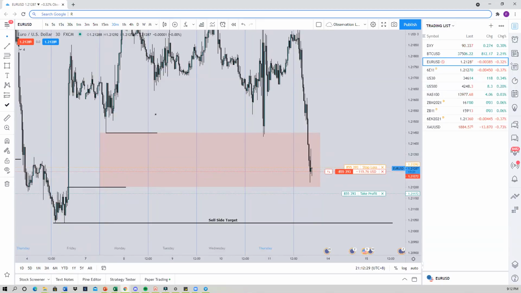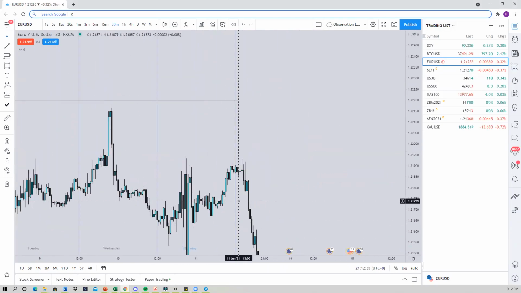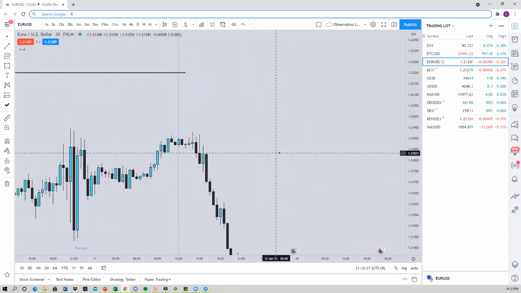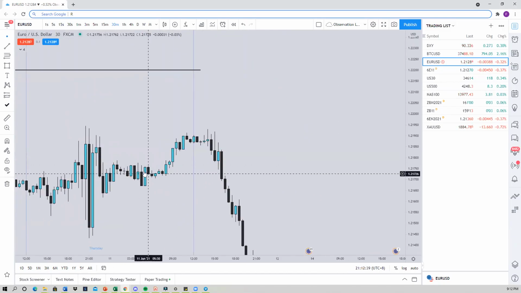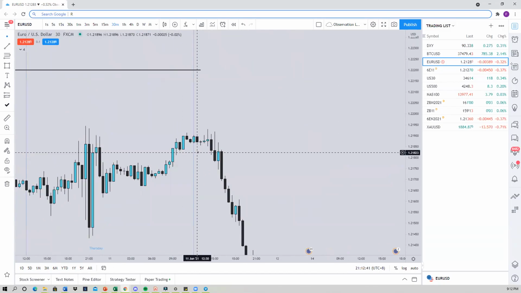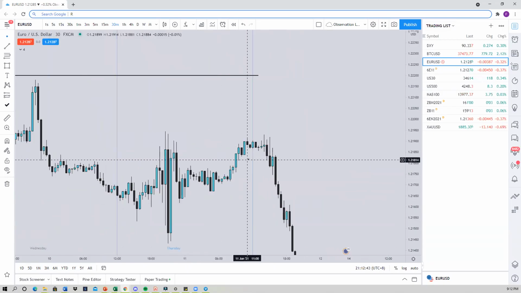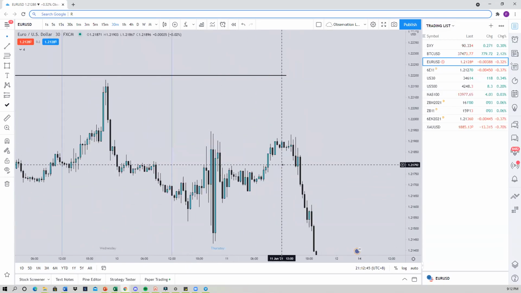Oh wait, fair value gap at 12 o'clock. Let's have a look. 12 o'clock here? Is this what you're talking about?